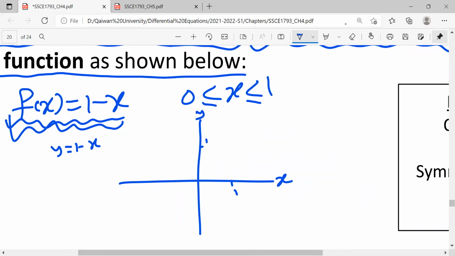If x is 0, y is 1, and if y is 0, x is 1. We must sketch the graph in the interval x from 0 to 1. As you see, this is the graph of 1 minus x.